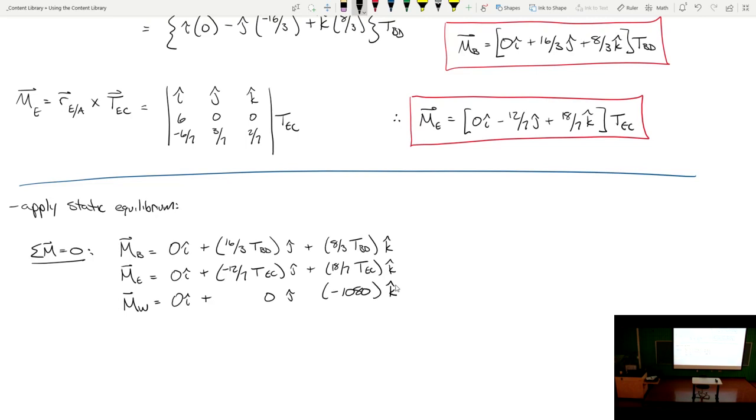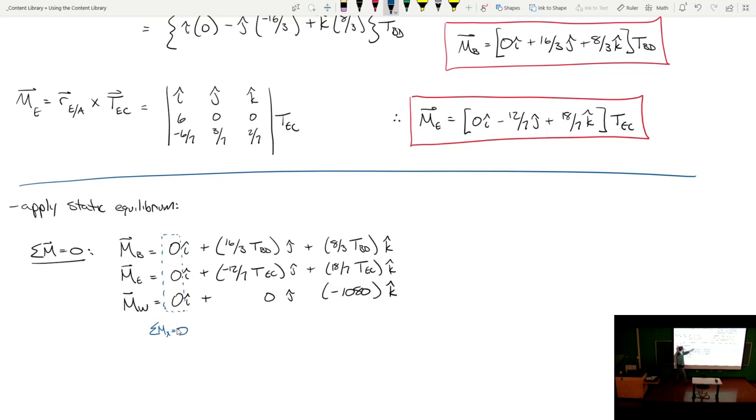So notice how I'm writing them in a tabular fashion, and the reason for that is I can now start summing the columns. So this column of values right here is for the sum of moments about the x-axis. But that equation is already satisfied because the sum of these values is 0.